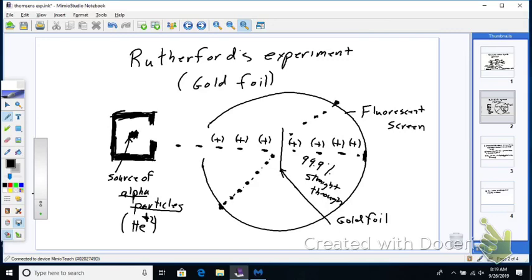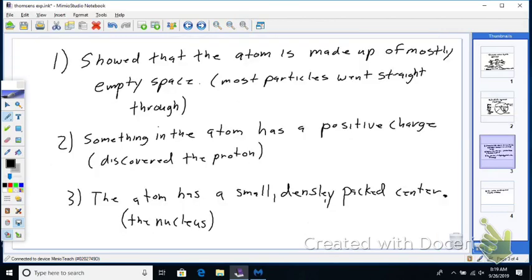We know the nucleus is extremely small, but it is densely packed together. So I've got 3 statements on this slide that I'd like you to write down. So Rutherford's experiment showed that the atom is mostly empty space.